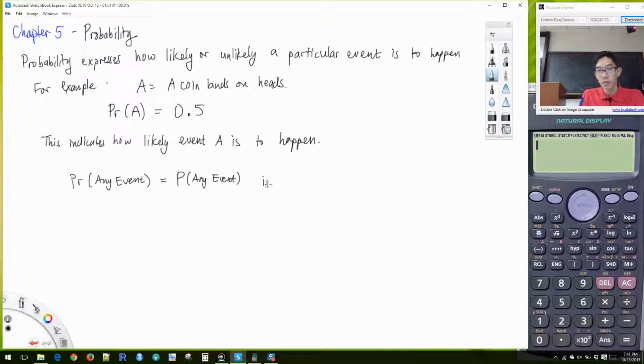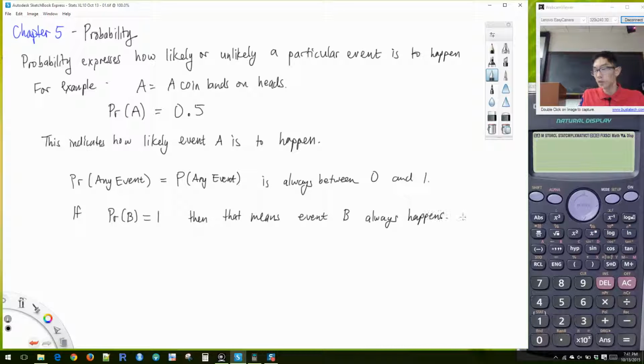Probability is always between 0 and 1. So if the probability of B equals 1, then that means event B always happens, or is certain to happen.